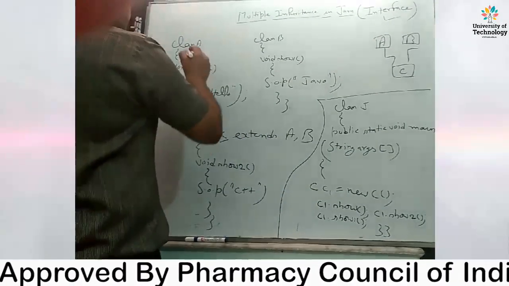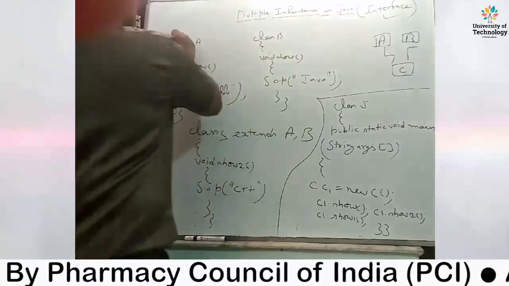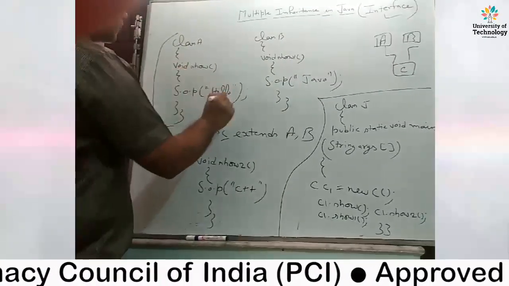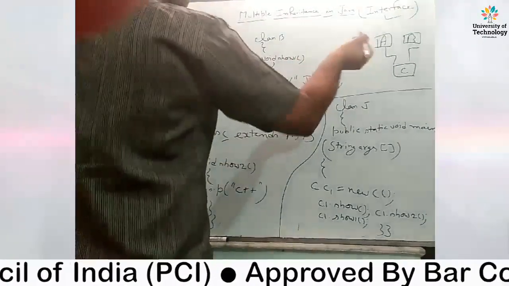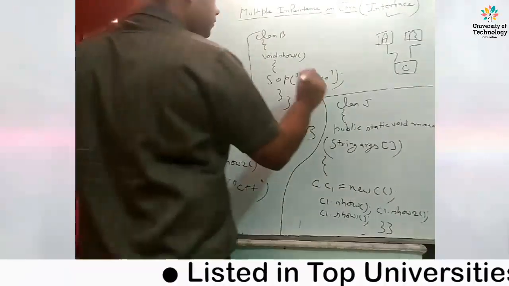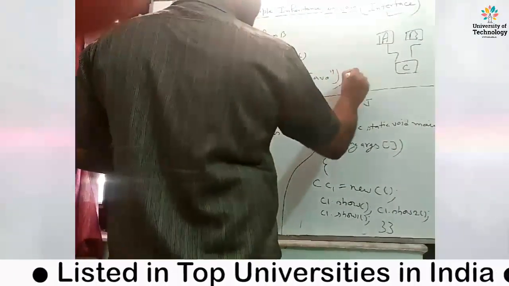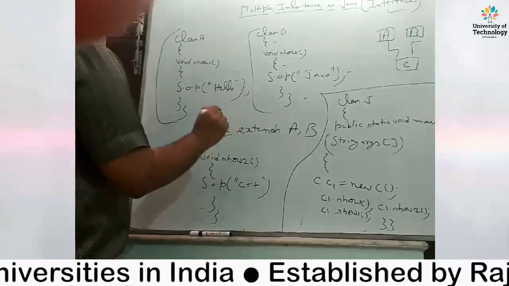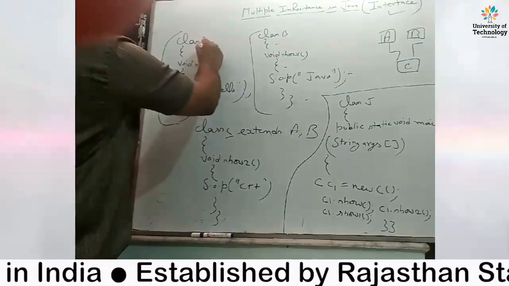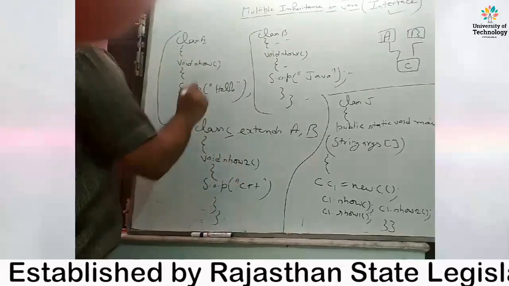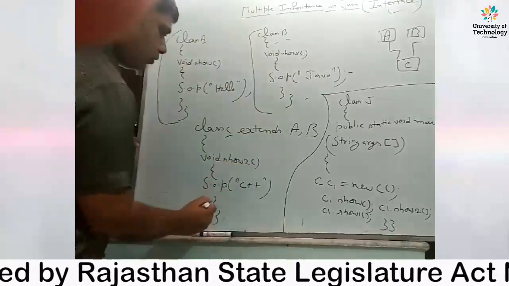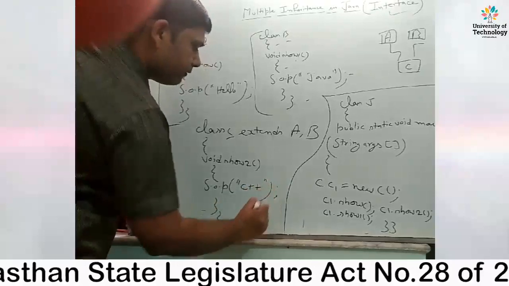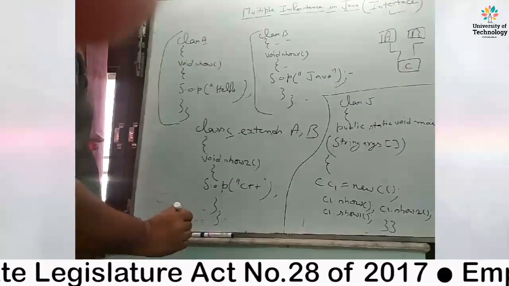First of all, we made class A, this one, hello. Second, we made class B, this one. Next, we made class C, extends A and B, this one and this one. Void show2, show1, show2, we printed the messages.